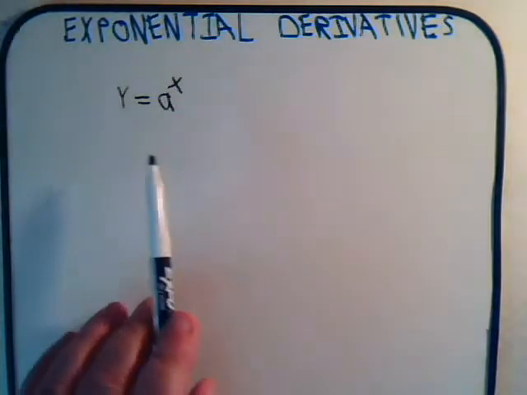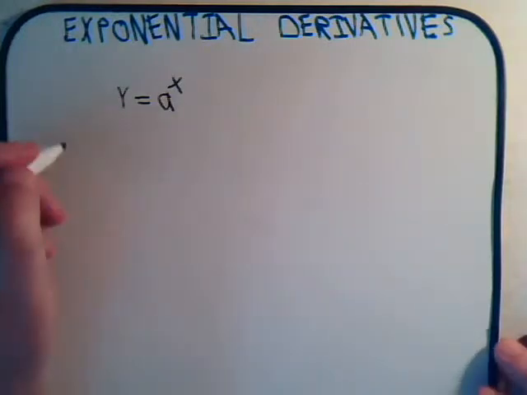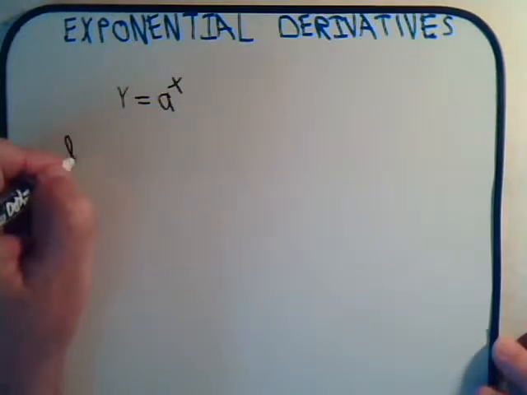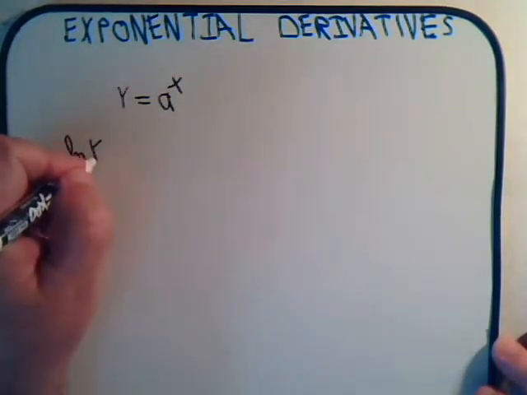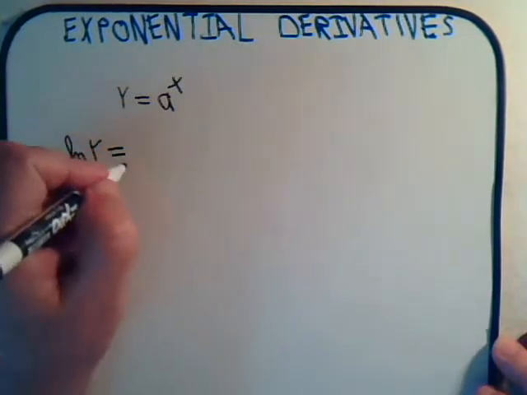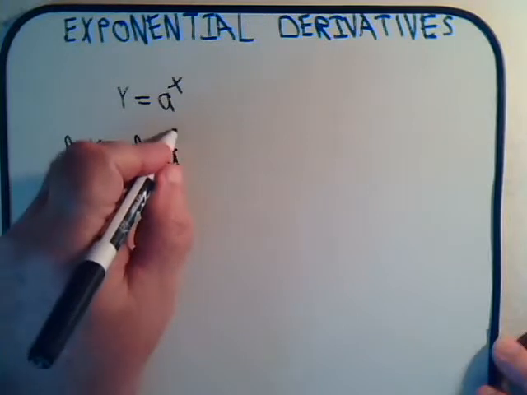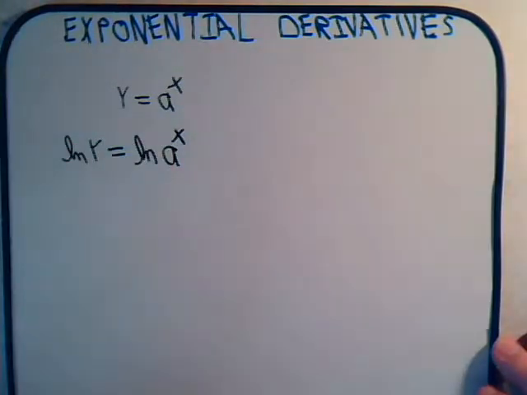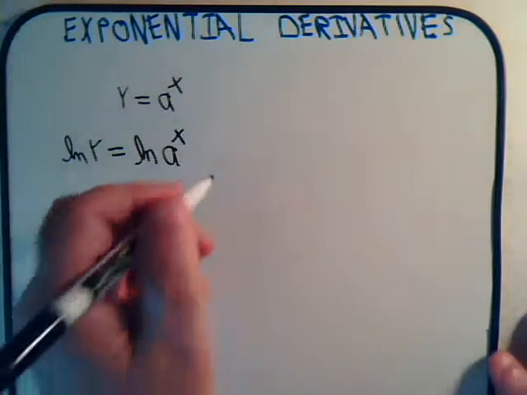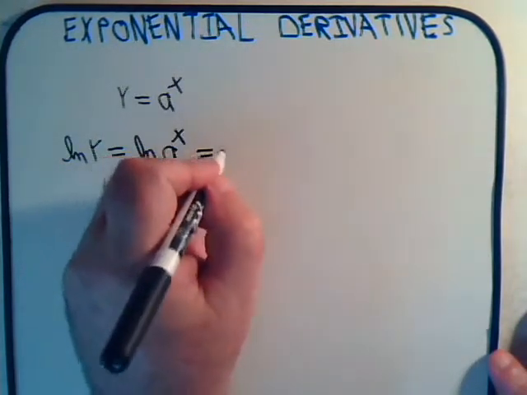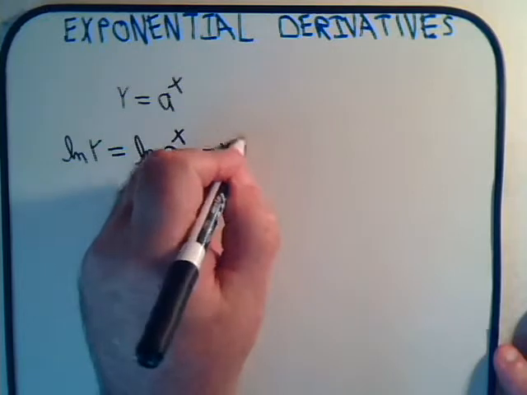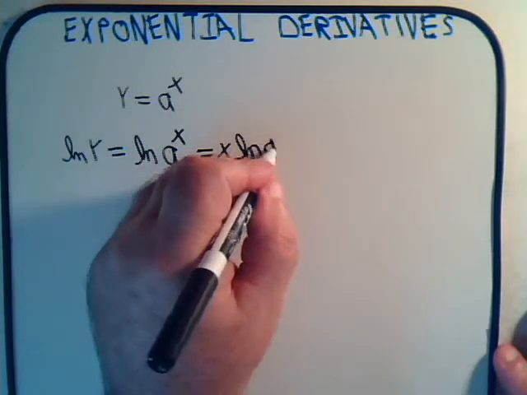If we have an equation in this form, we can say that the natural log of y will equal the natural log of a to the x power. And now, using the property of logarithms, we can rewrite this. This would be equal to x times the natural log of a.